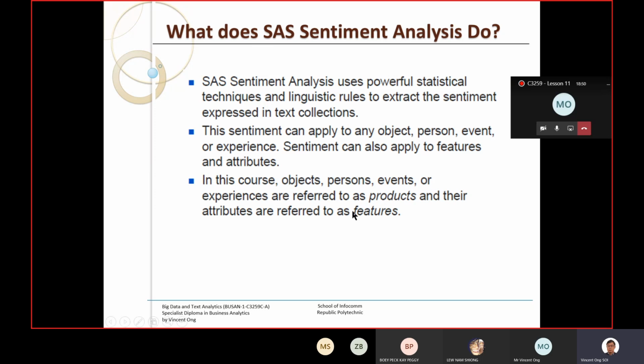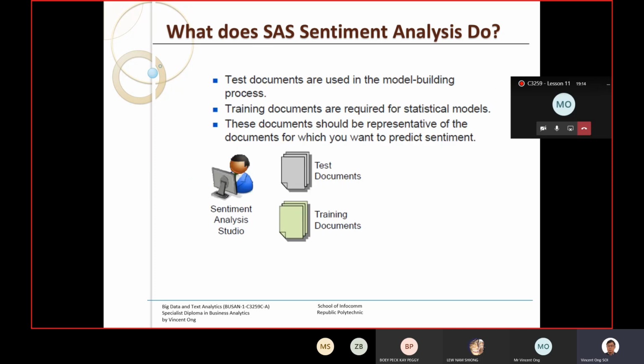So for the feature level, normally we need to define very specifically what attributes we are looking for, and for those attributes, what kind of definition constitutes positive or negative feedback. We'll see that later. All right, so this is just a quick overview of the product.